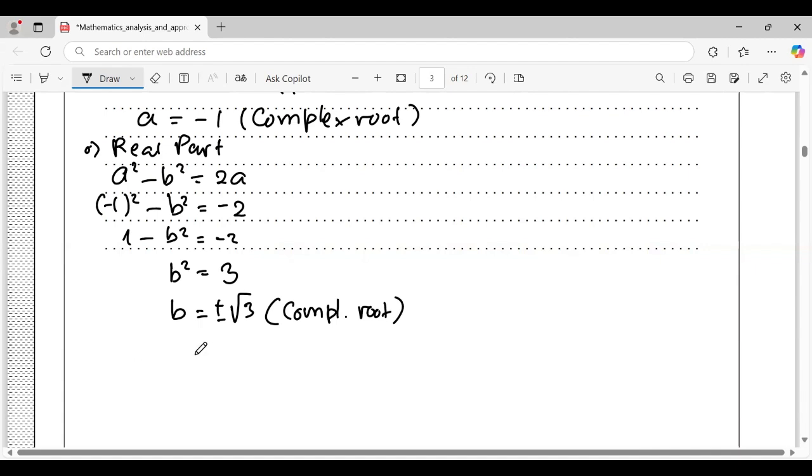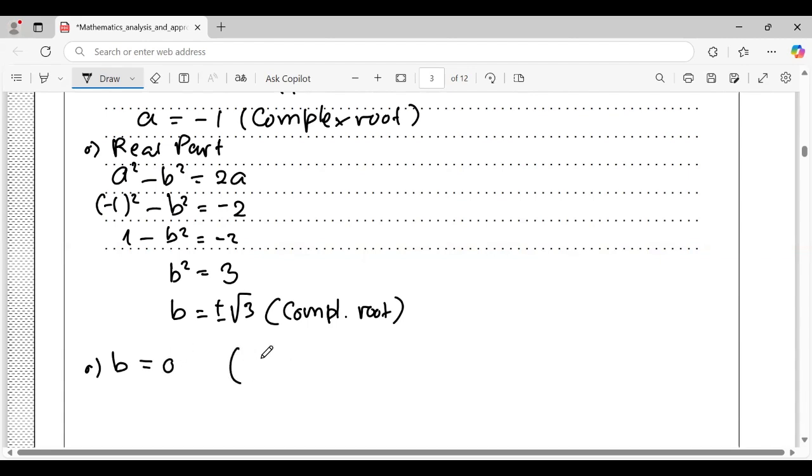Right. Now, if we are going to assume that b equals 0, why b equals 0? Because on this part, I will write here that b should be 0. Why?